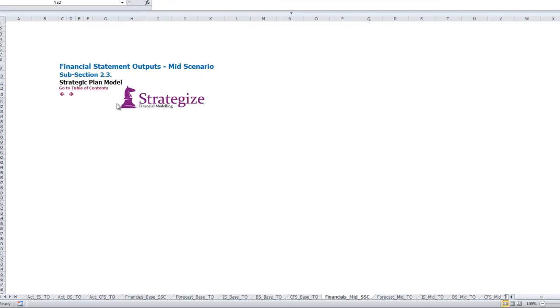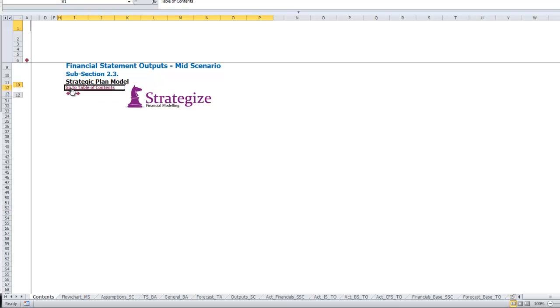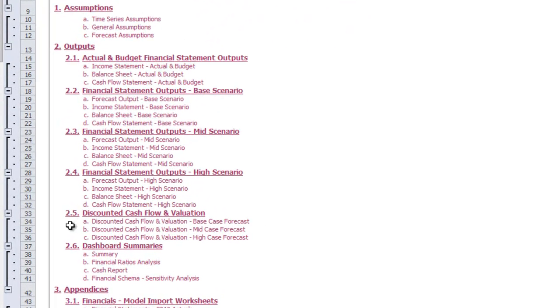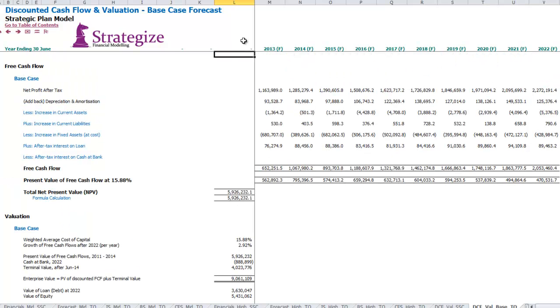Because with strategic planning, the value lies within the forecasting, which will eventually lead, as we can see here, to a discounted cash flow forecast to come up with a valuation under different scenarios.